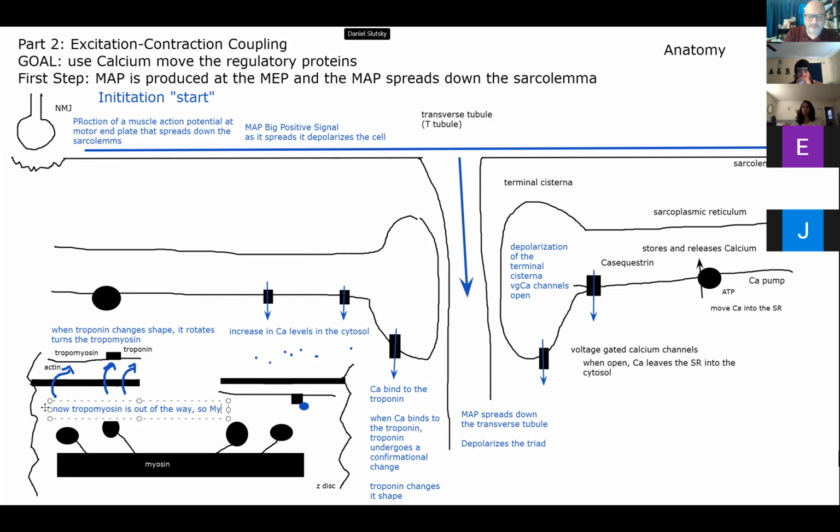Our myosin can now bind to the actin and start the contraction. And there you go. We've accomplished our goal. I warned you step 2 and 3 wouldn't be as elaborate as step 1 was.